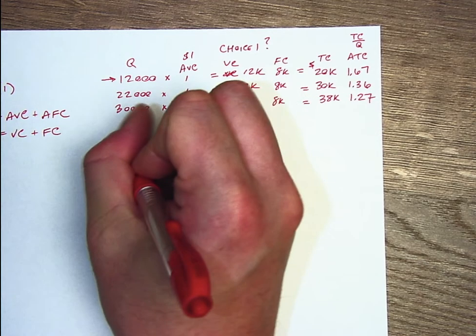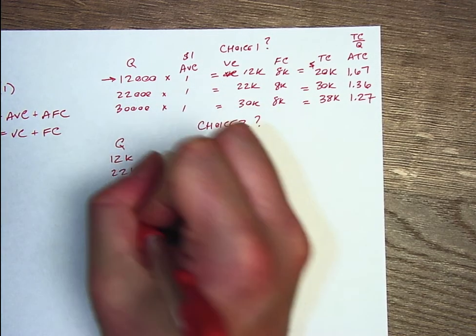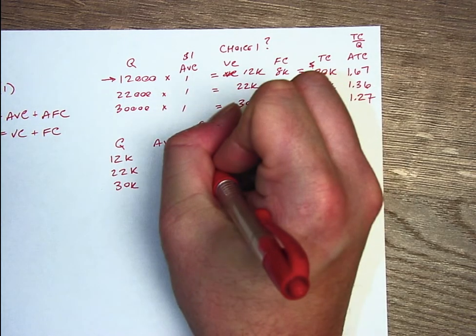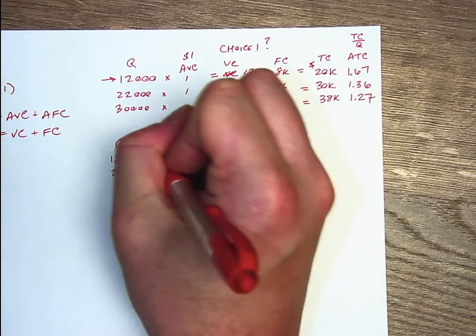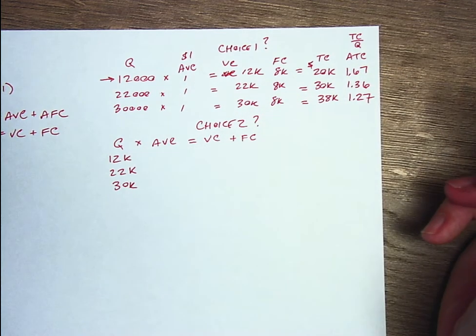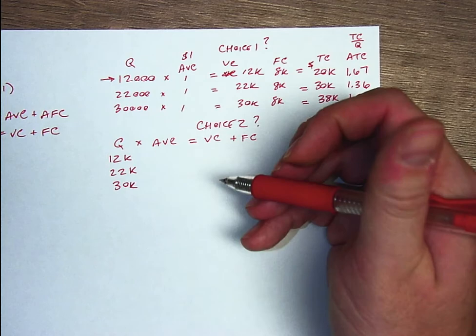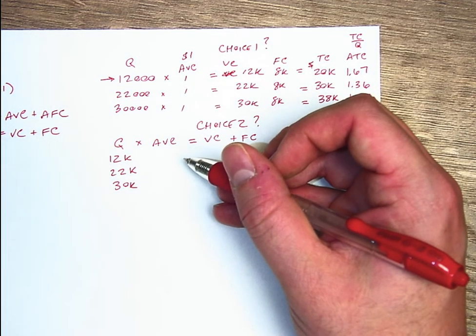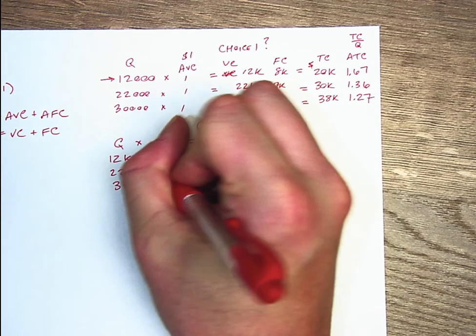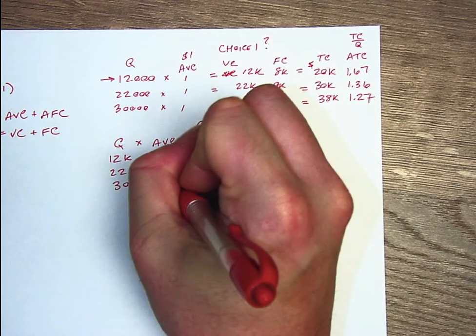12,000 quantity, 22 quantity, 30,000 quantity, and then AVC, and then that's going to give us the VC plus the fixed cost. Right? So for choice 2, the AVC for this one is 75 cents per unit.